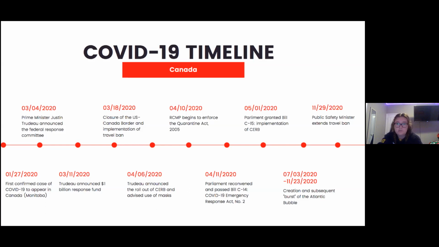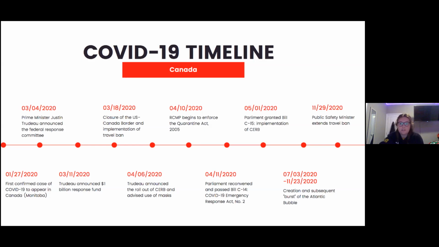Then on March 18th was the closure of the US-Canada border and implementation of a travel ban, which meant anyone entering the country had to self-isolate for 14 days. Then on April 6th, Trudeau announced the Canadian Emergency Response Benefit, which included wage subsidies, loan aid, mortgage delays, etc. Then on April 10th was when the RCMP, which is the Canadian Federal Police Force, began to enforce the Quarantine Act 2005, which included penalties for violations of these policies.